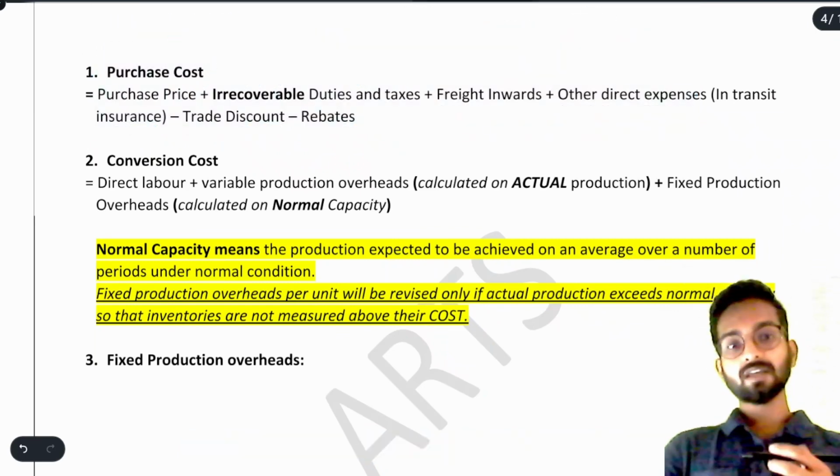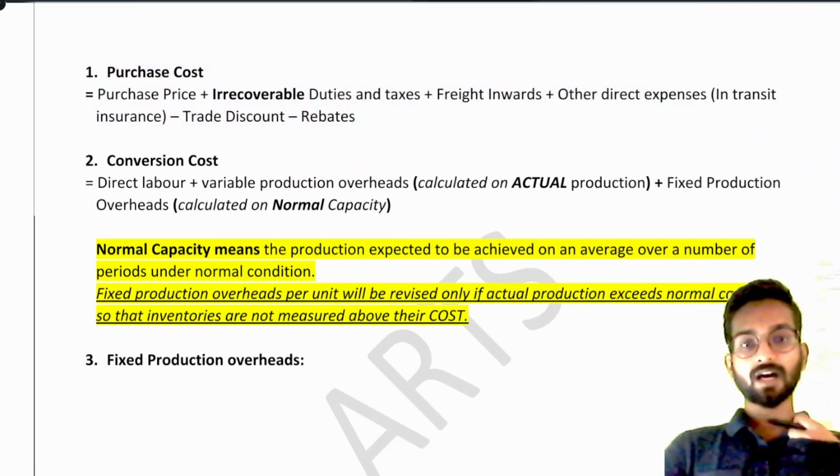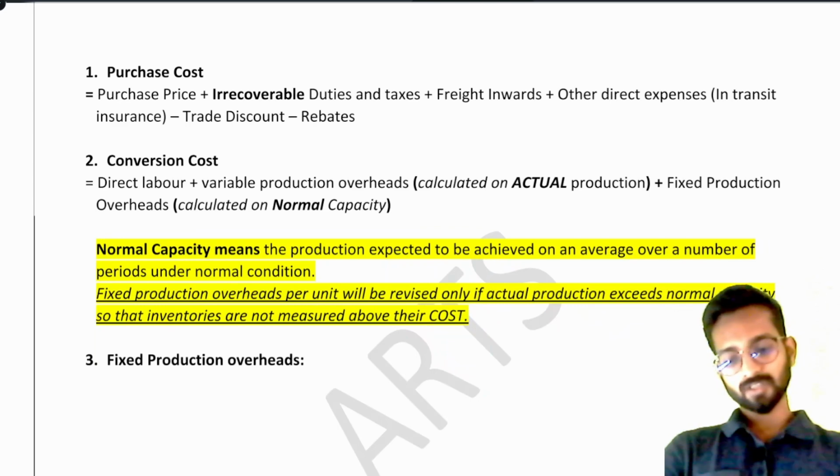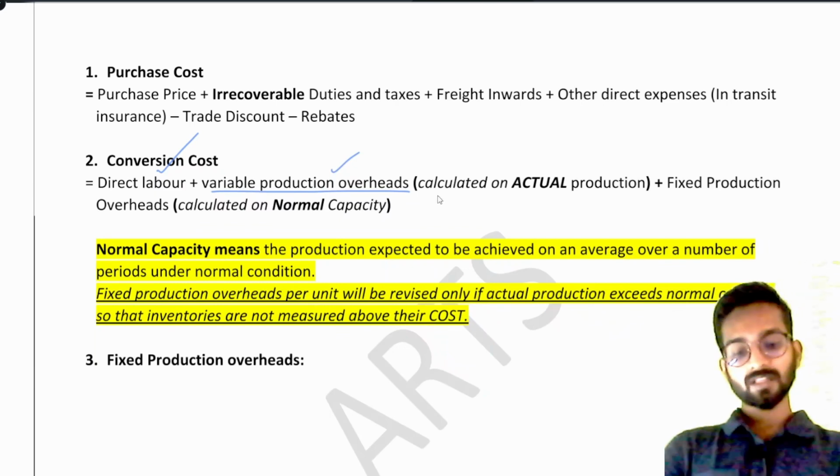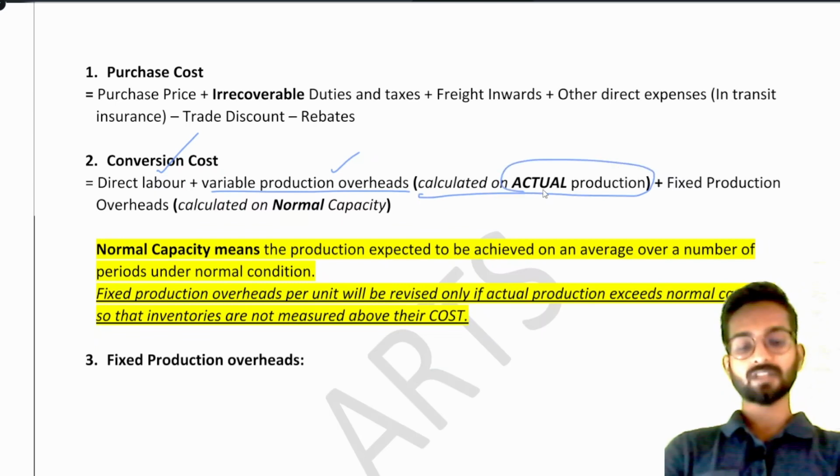Then after this we have conversion cost. Conversion cost means what? What am I spending after purchasing the raw material to make it a finished good? So conversion cost is the labor I am employing to work upon the raw material, labor charges. Variable production overhead means what? There will be electricity expenses, rent expenses, all those things. Those variable production overheads will be calculated on actual production.